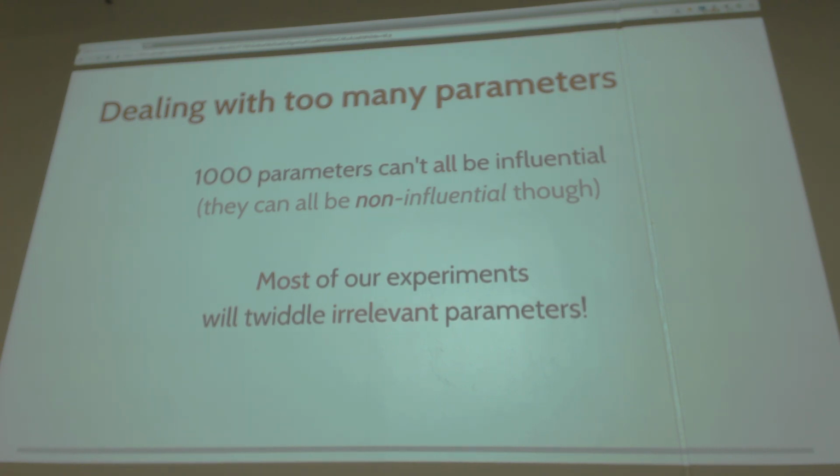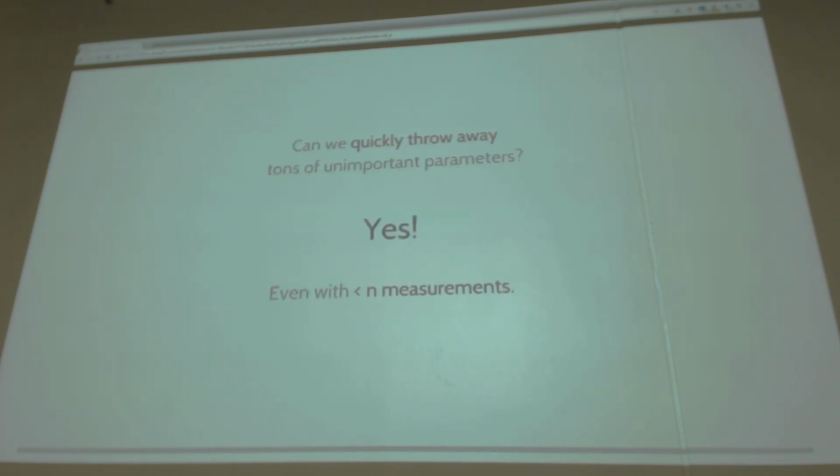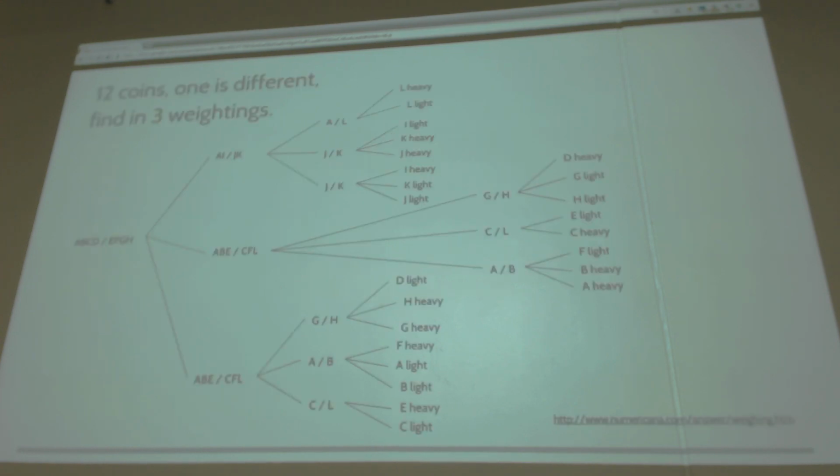It would be nice if we could just mostly focus on the parameters that are important and change only those. It's kind of a catch-22, of course, but there are some techniques that can help us. So the question is, can we quickly throw away tons of unimportant parameters and focus on the important ones? Yes, we can, and we don't even need as many measurements as we have parameters, and here's why.